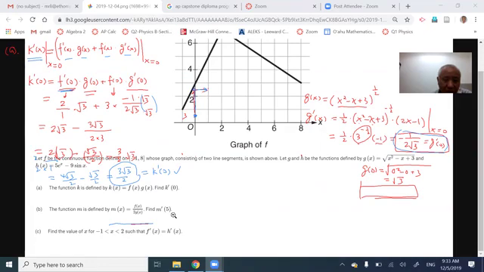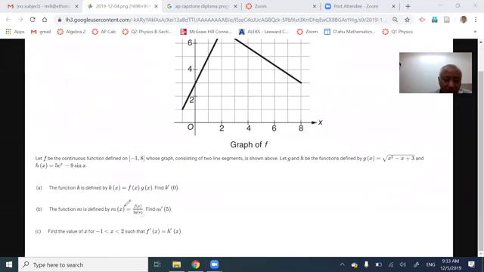When you do derivative, here what we need to do is use this function. This is part B now. m(x) equals f(x) over 2g(f(x)), right?